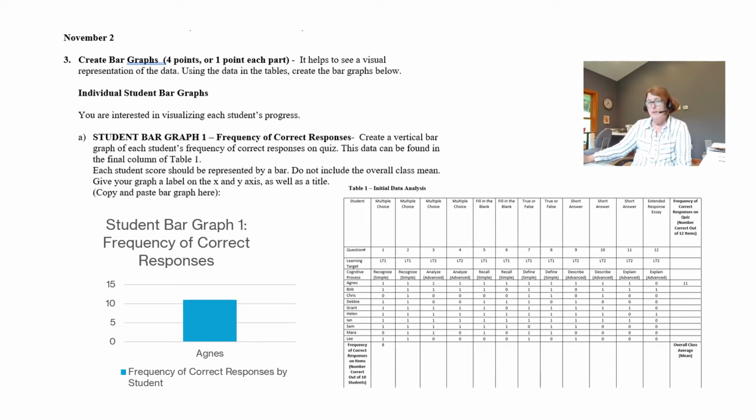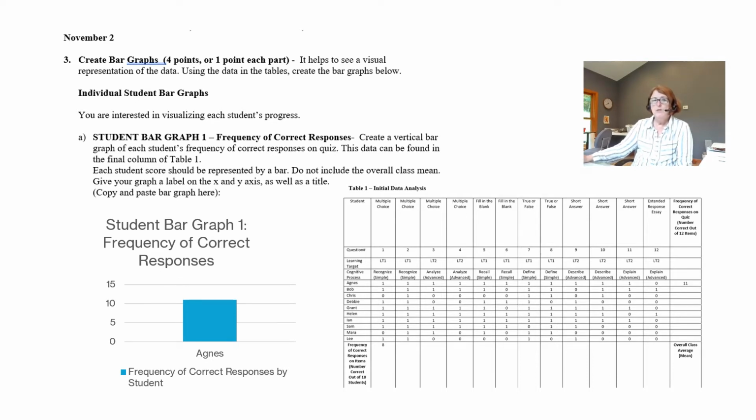Basically you're looking for things like: do students understand the learning targets? Where are they having trouble with the learning targets? Do individual students understand things? Which students don't understand? Which students seem to be getting it? So these bar graphs and analyses that you do in Part 2 will help you with those questions.